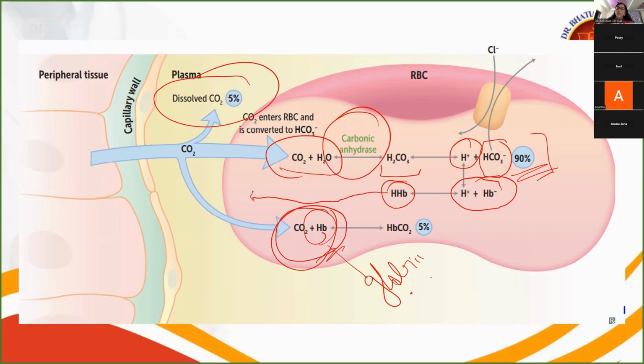So 5% is bound to the globin component, 5% is dissolved, and 90% travels as HCO3. And this deloading here, which is happening, is known as the Bohr effect. And in the lungs, when the release of CO2 happens, that is the Haldane effect.